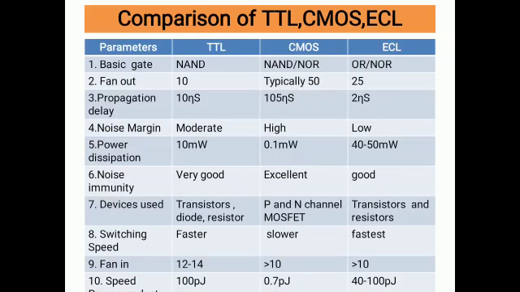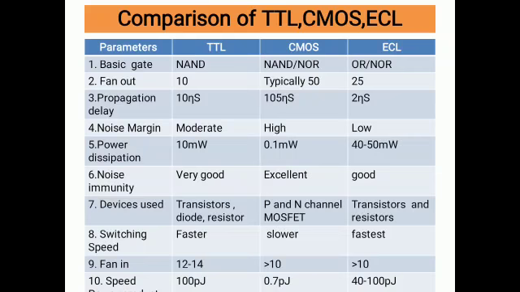So when the comparison is asked, you have to write these numerical values of these parameters and not just high, low. Then noise immunity, as we had seen noise margin just now, it is connected to this noise margin.